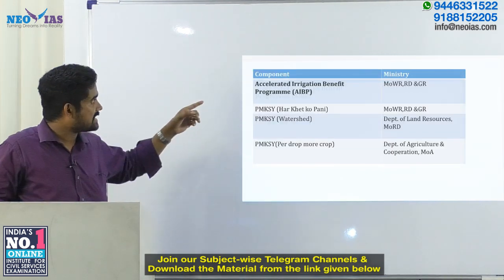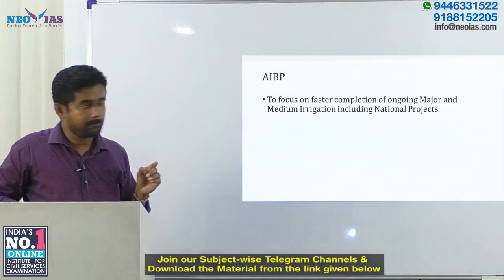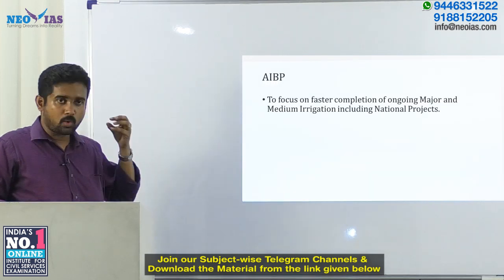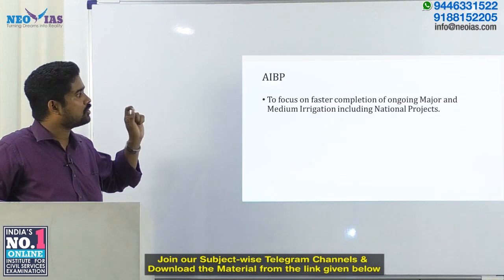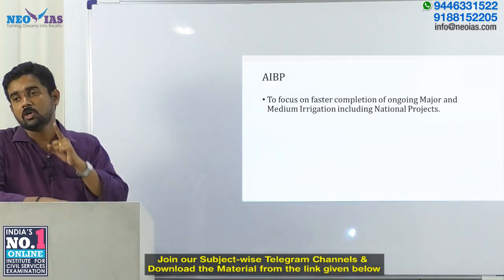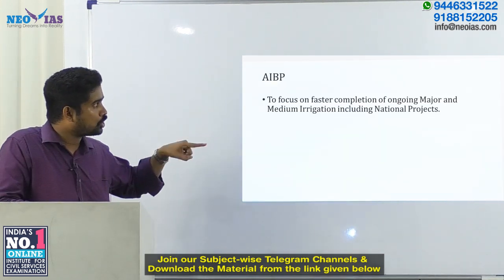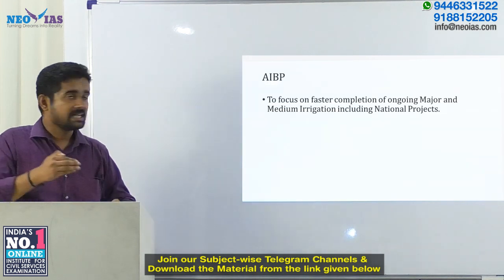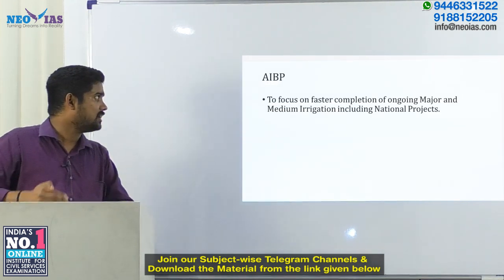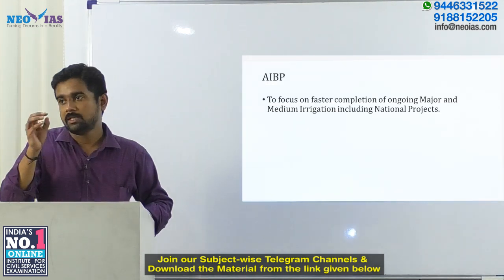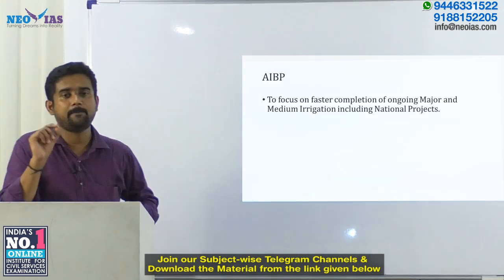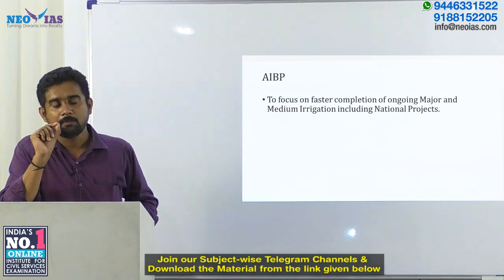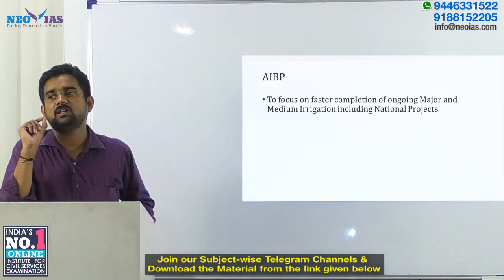The first one is Accelerated Irrigation Benefit Program, whose key objective is to focus on faster completion of ongoing major and medium irrigation projects, including the national projects.